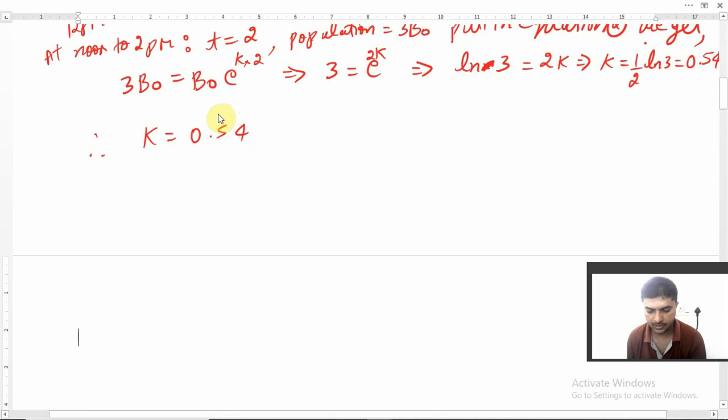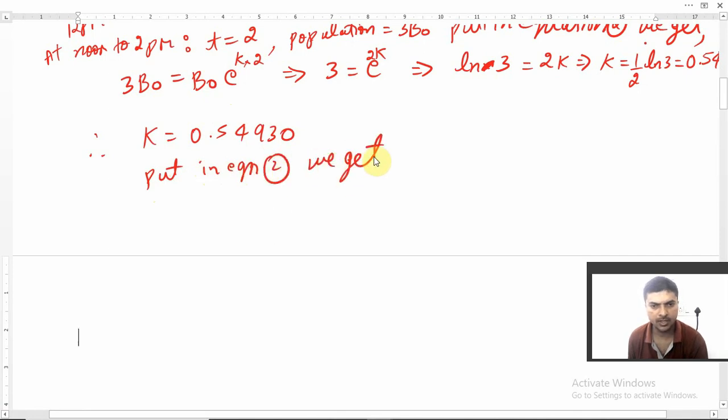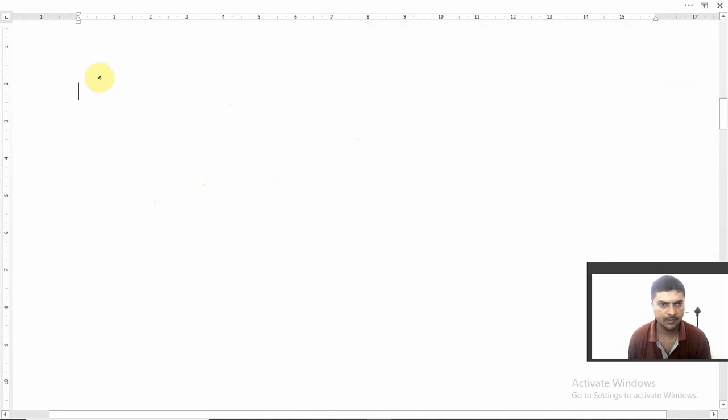In the calculator you can easily calculate this. It is 0.54930. So put in equation 2, we get this. Therefore the population changes.